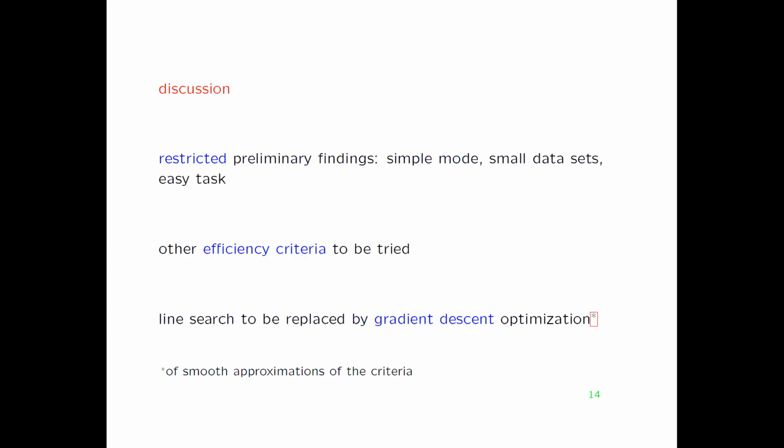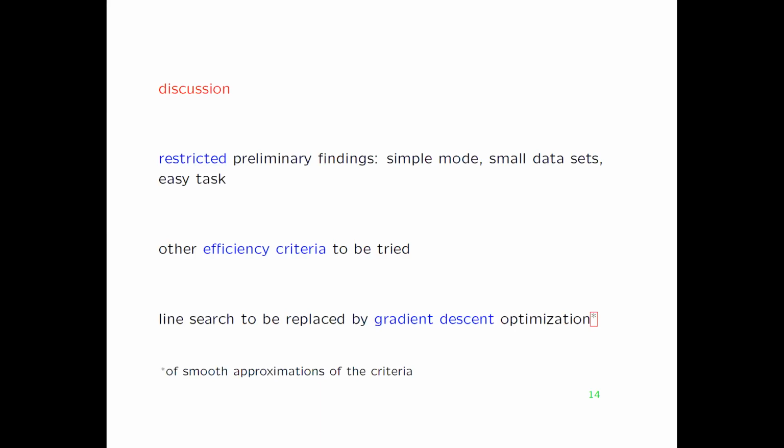Then future work includes changing the efficiency criteria, because observed fuzziness is only one of the possible ones. But as Volodya said in his talk, we will probably be experimenting with other things.